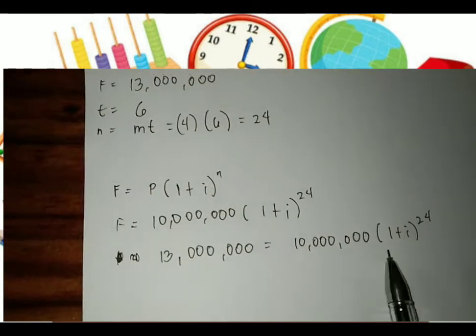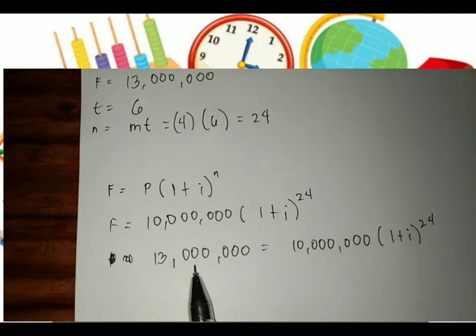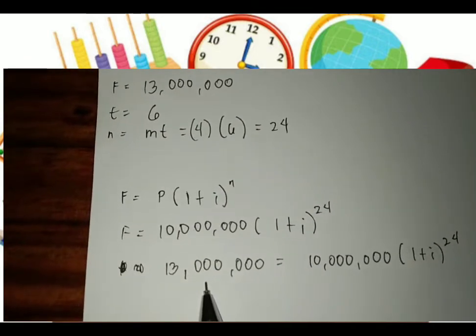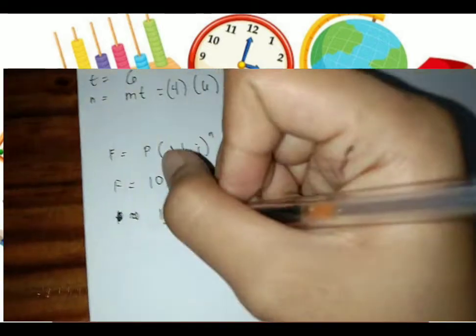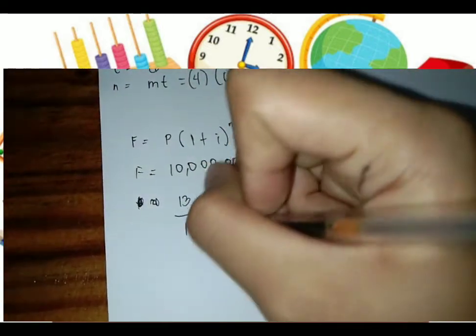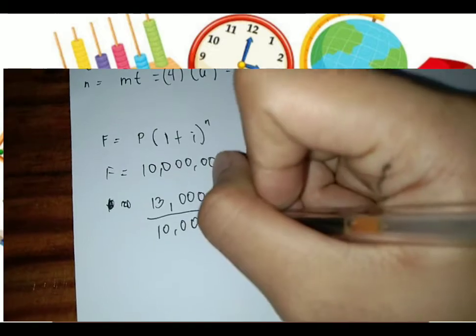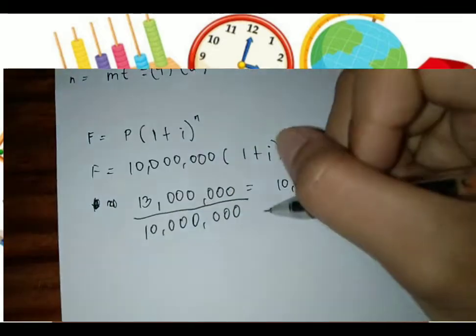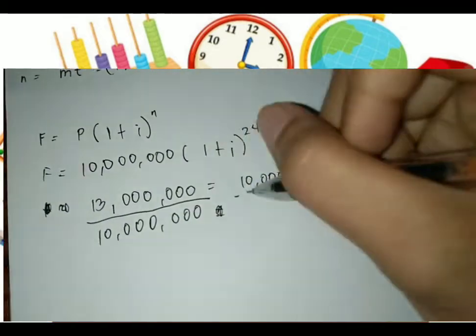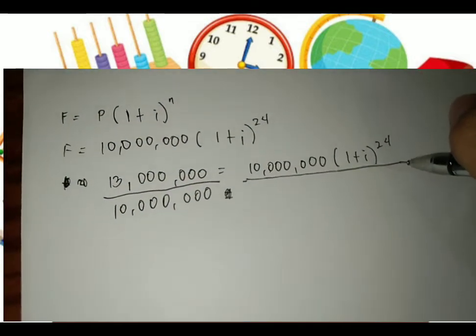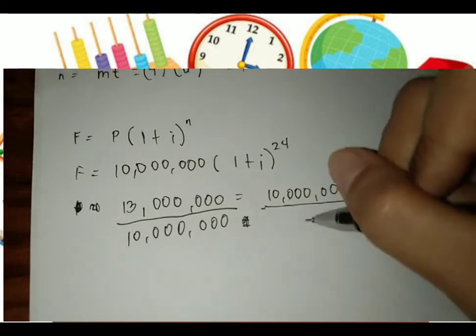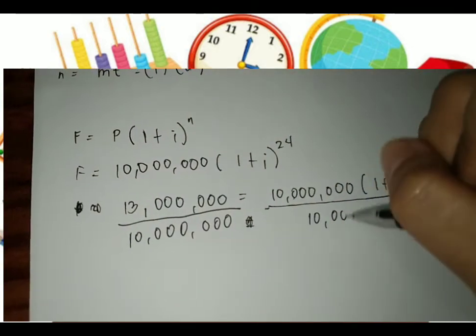Now we are going to divide both sides by 10 million. So 13 million divided by 10 million is equal to 1 plus i raised to 24.